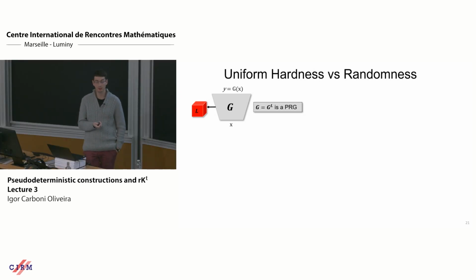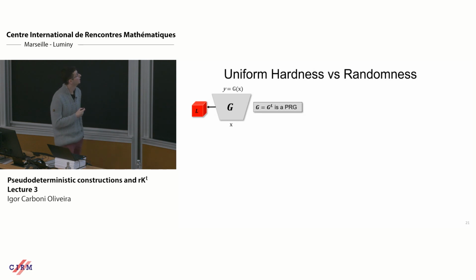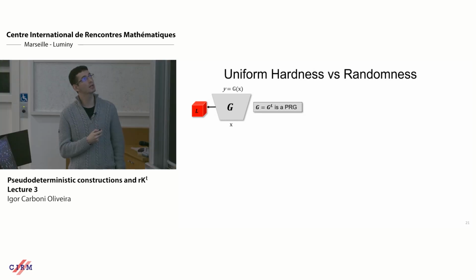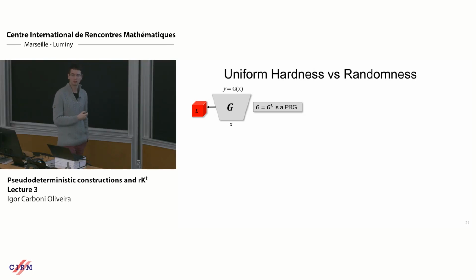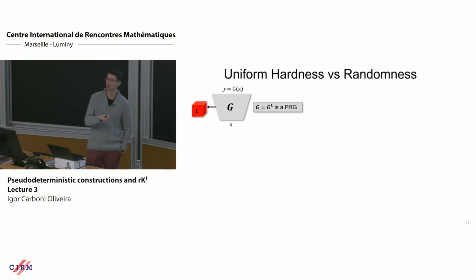So remember, this is a procedure, G, that maps a short seed into a longer string that has pseudo-random properties, okay? And in these constructions, G will depend on some hard function or language, okay? So the generator is built on top of some function or language L.